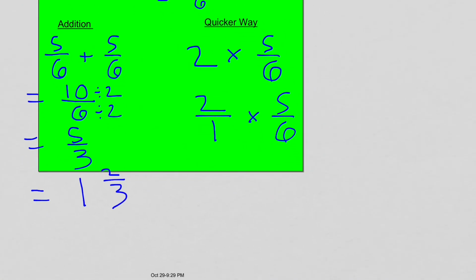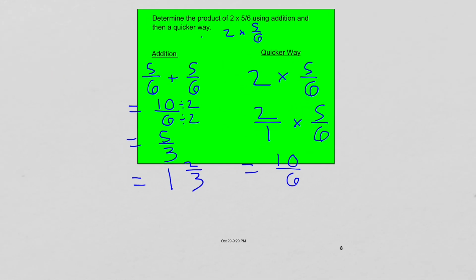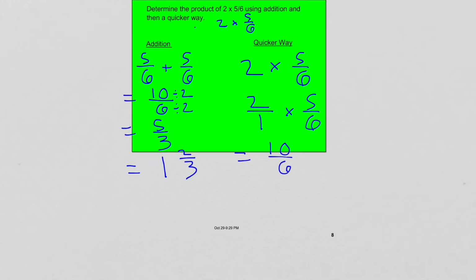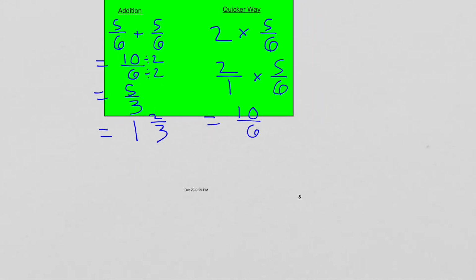Then all we do is multiply the 2 times 5 and the 1 times 6. And that gets us to 10/6. Same thing we had up here. And then that ends up getting us to 1 2/3.